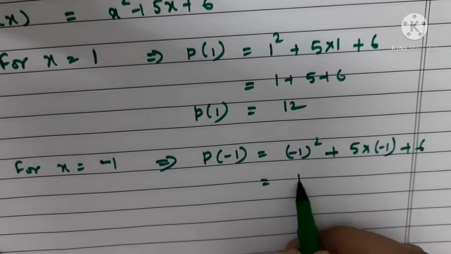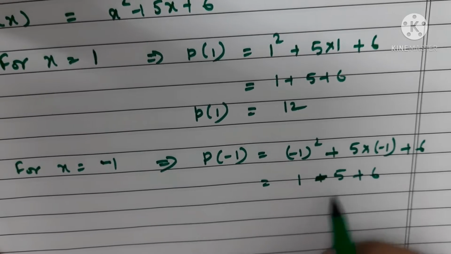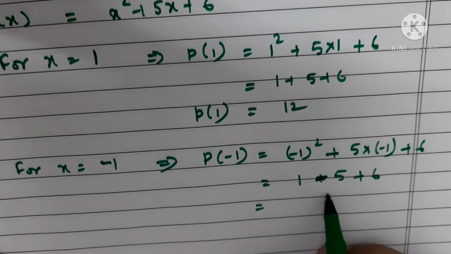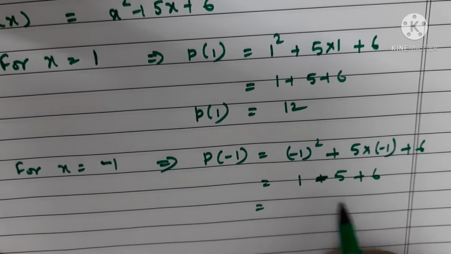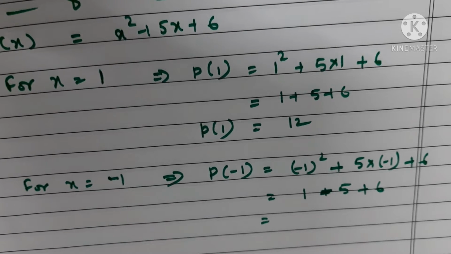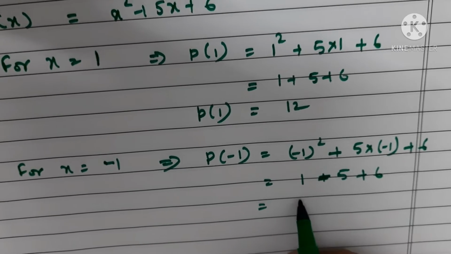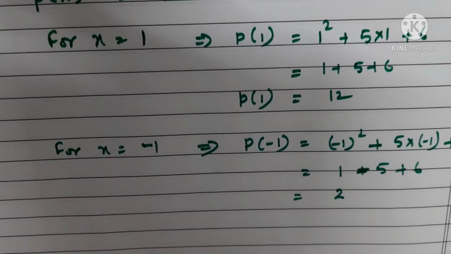So you get 1 minus 5 plus 6. Sorry, I have done something wrong here. It is 6 plus 1, 7, and 7 minus 5 will be 2. So you are getting 2 here.